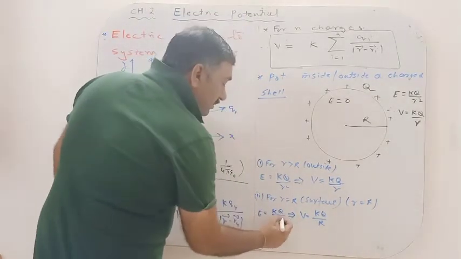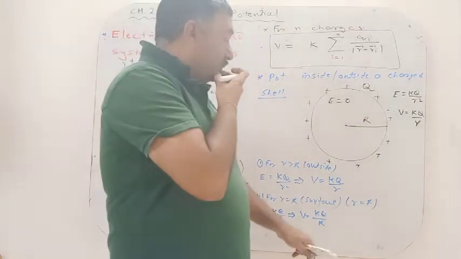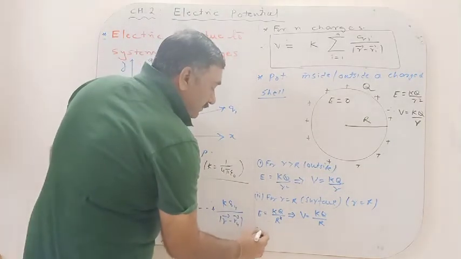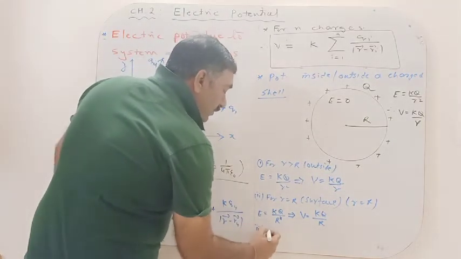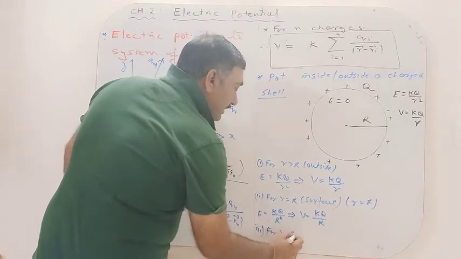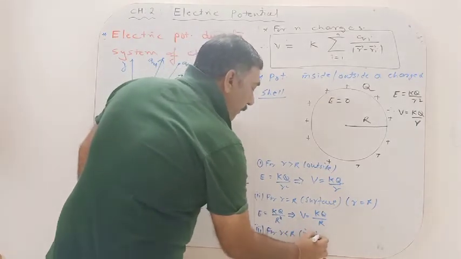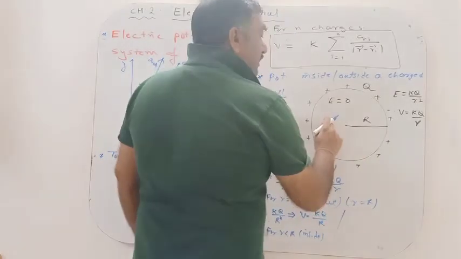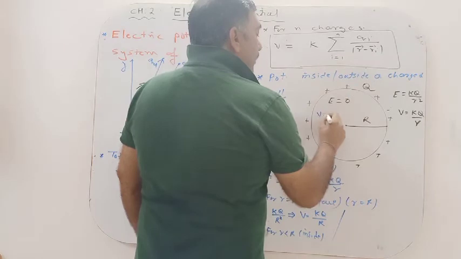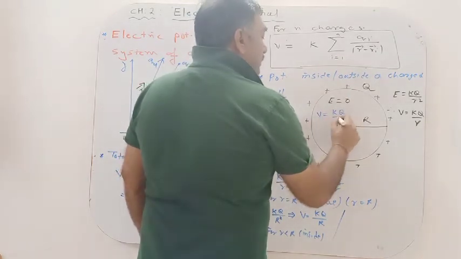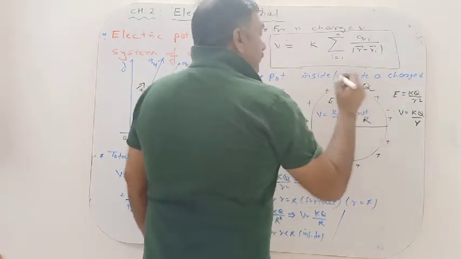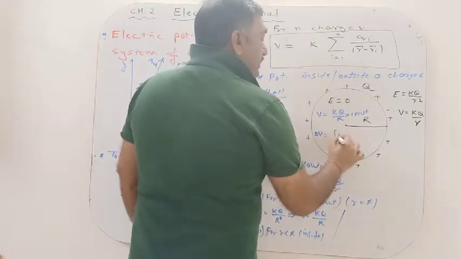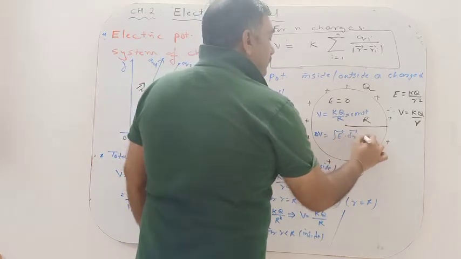The electric field remains constant on the surface, as well as the potential. But for all points inside the shell, for r less than capital R, that is inside, what about the electric field? The electric field is 0 and the potential at all points inside remains constant, because the potential difference between any 2 points, delta V, which is equal to the integral of E dot dr, is equal to 0.